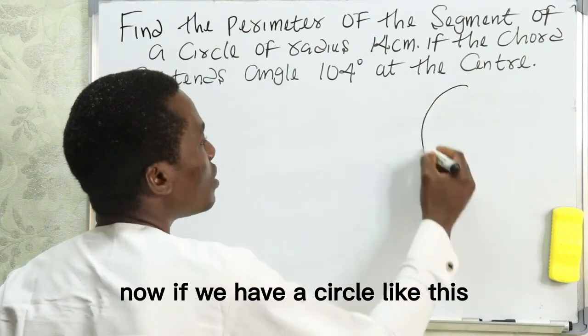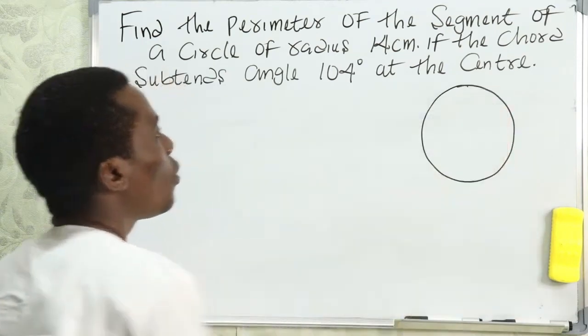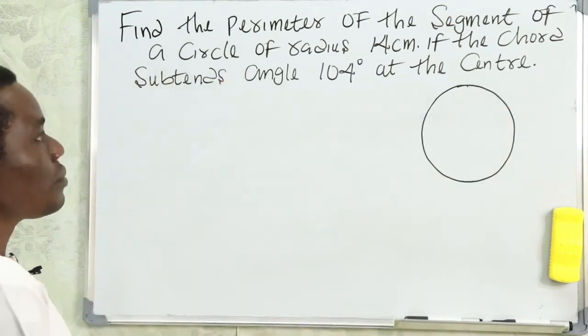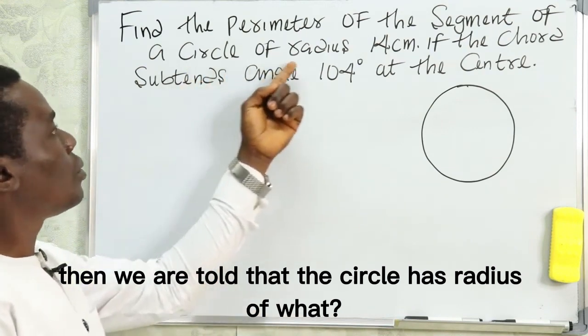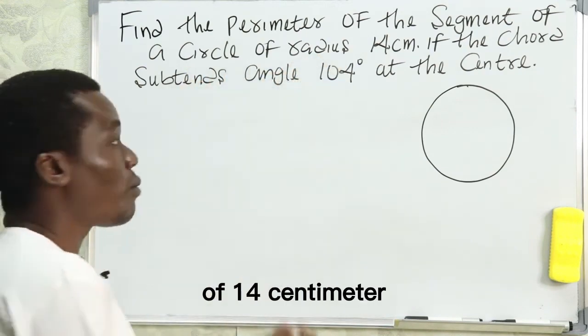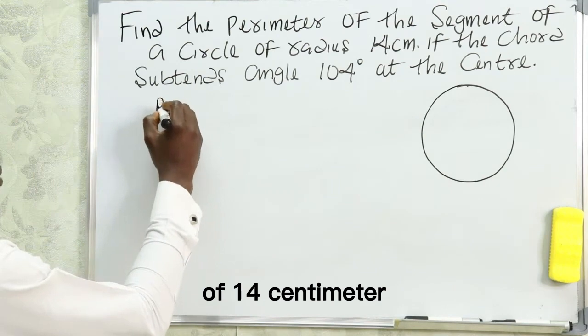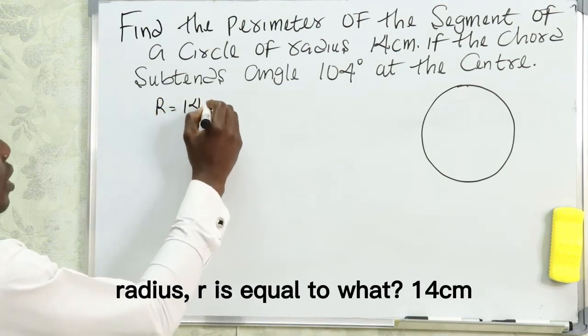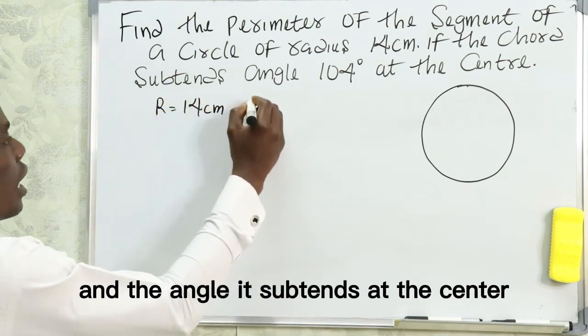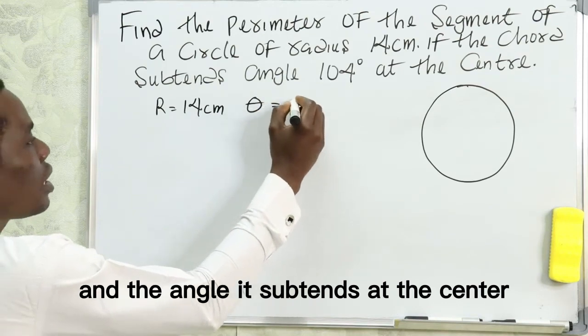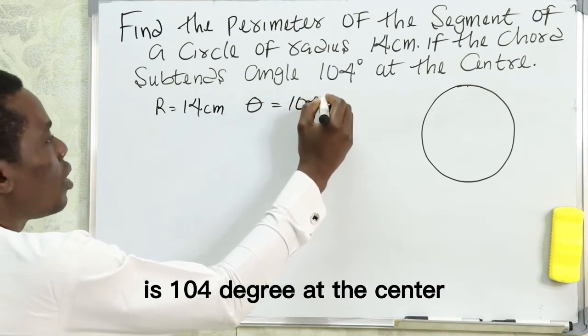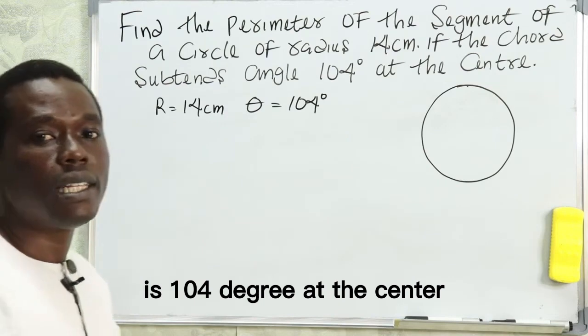Now, if we have a circle like this, we are told that the circle has a radius of 14 centimeters. Radius r is equal to 14 centimeters, and the angle it subtends at the center is 104 degrees.